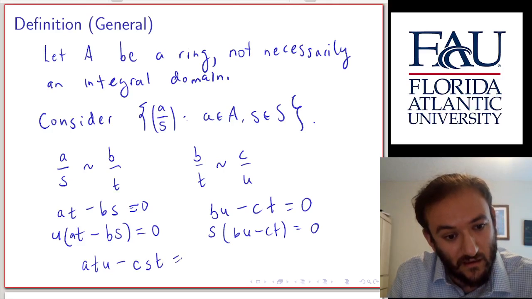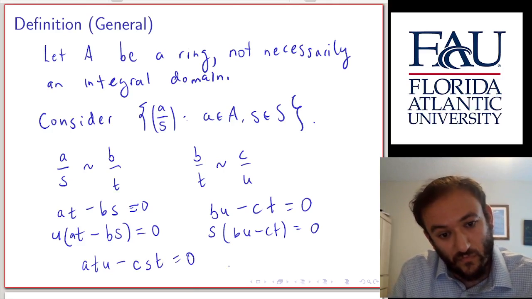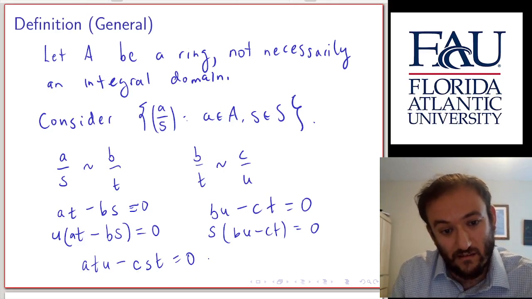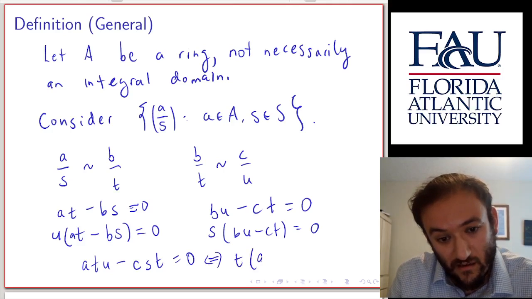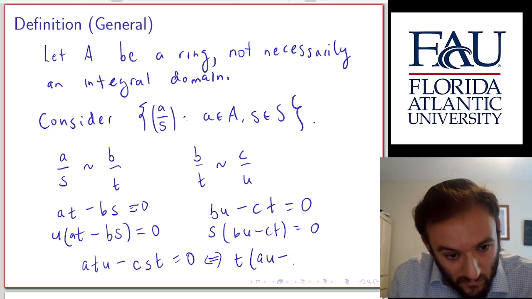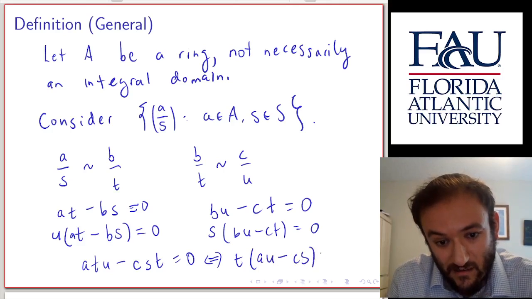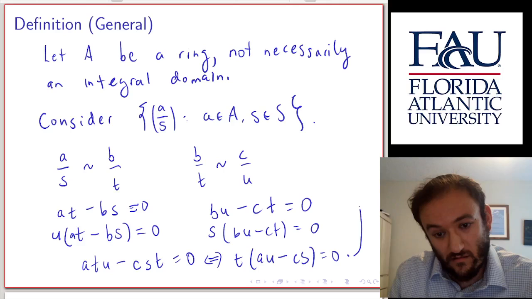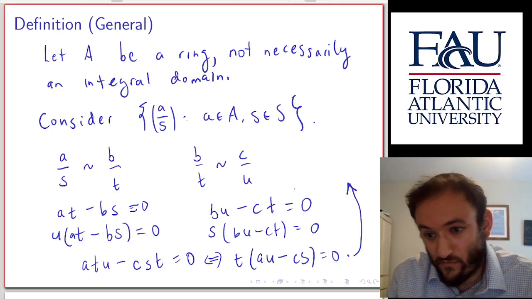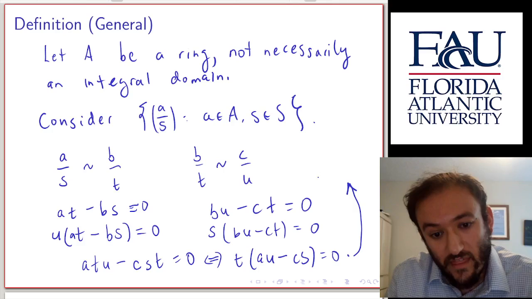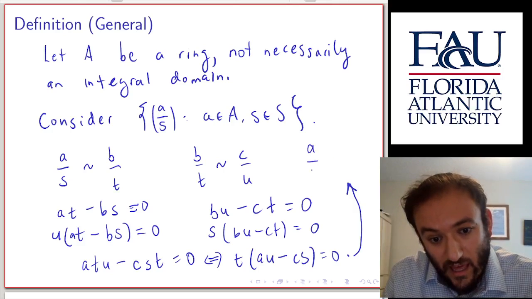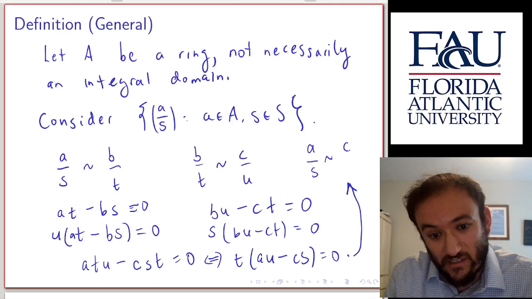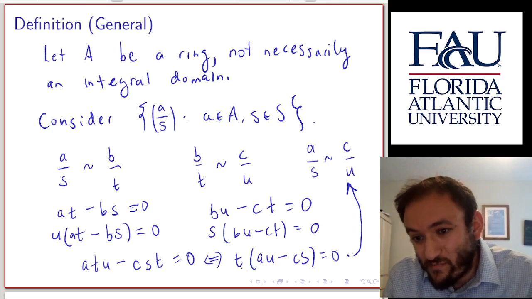CST equals 0, which, if I factor out the T, is equivalent to saying T times AU minus CS equals 0, which would tell me, in much the same way as these equivalences, that A over S is equivalent to C over U, but we have this pesky T in here.